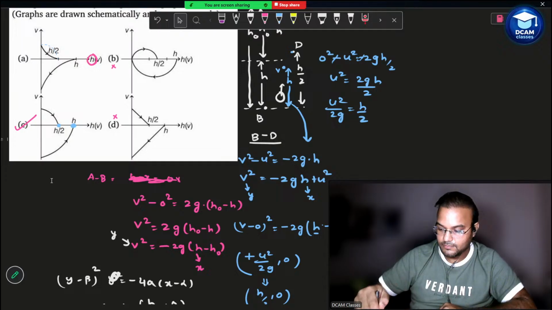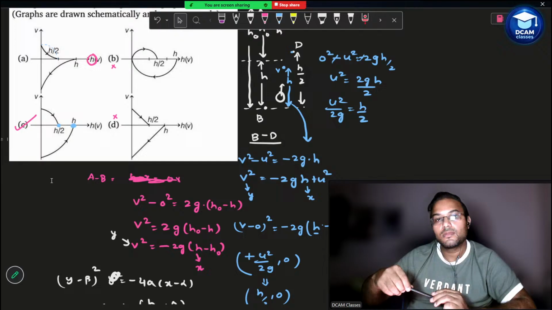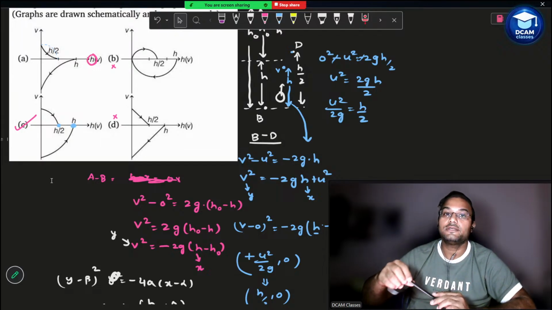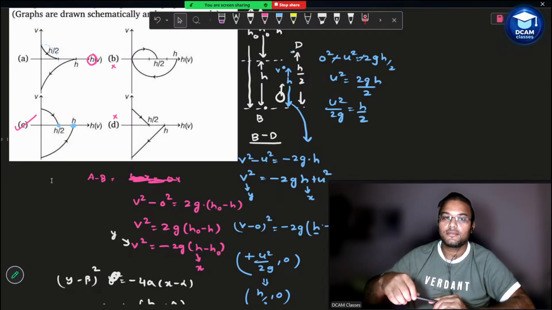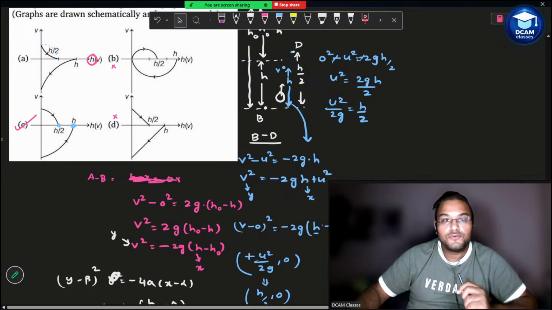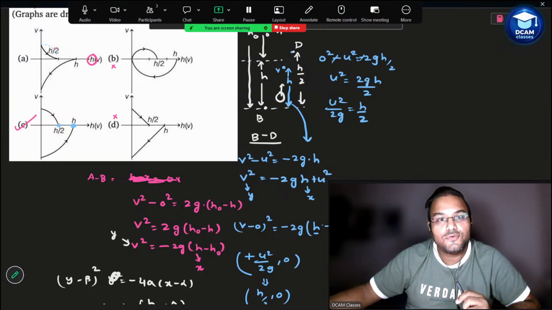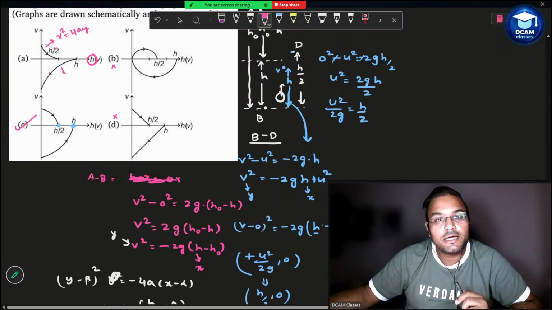Sir, so option A would be right if it was a y square equals 4ax type. No, it was x square is equal to 4ay type. Oh yeah, okay, I understand. For the two paths, this is x square is equal to 4ay type, and this one is again x square is equal to minus 4ay type.